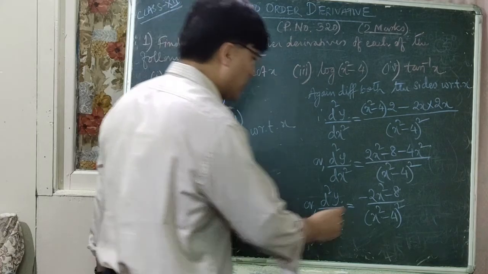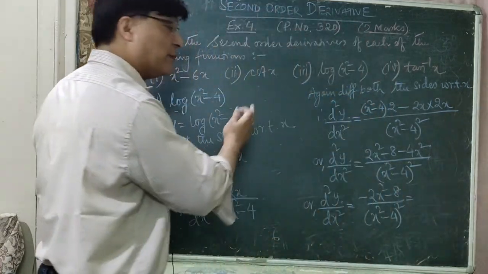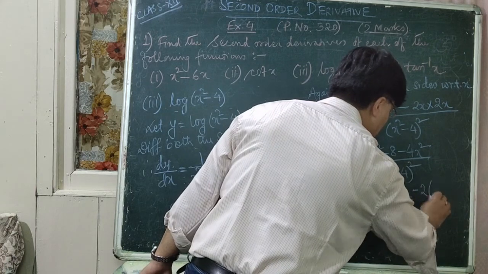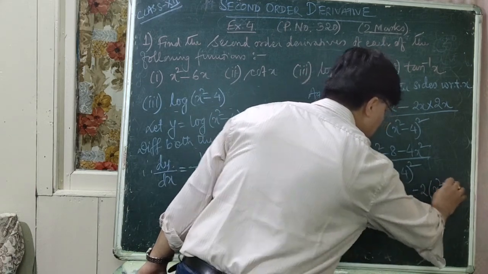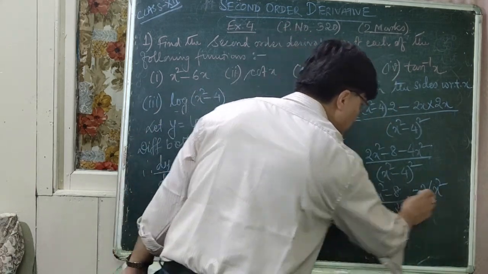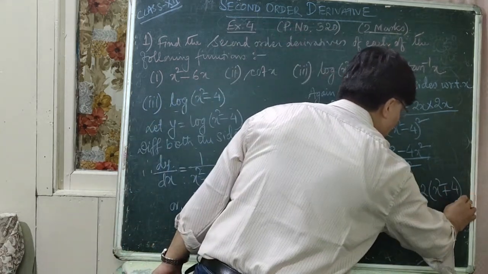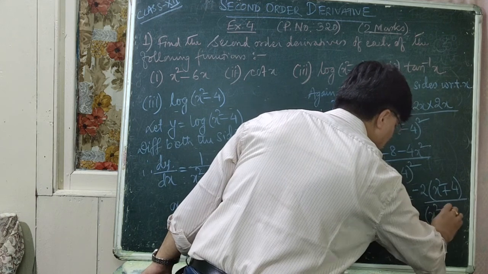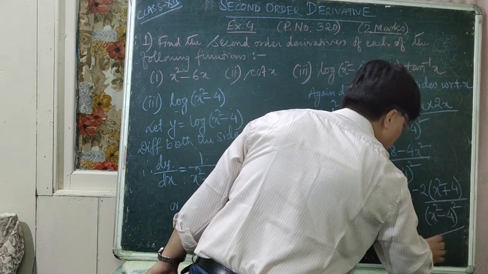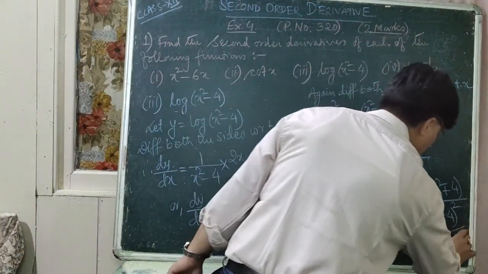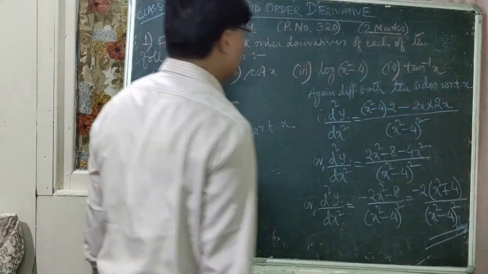So what is the value of d2y by dx square now? You can simplify the numerator by taking common. What is common here? Minus 2 within the bracket. What do we get? x square, so minus 2 taken common, minus plus 2 is minus 2, it is x square plus 4, whole divided by x square minus 4 whole square. So this is your answer. Is that understood? So this is your final answer.